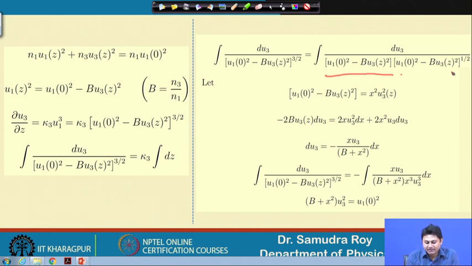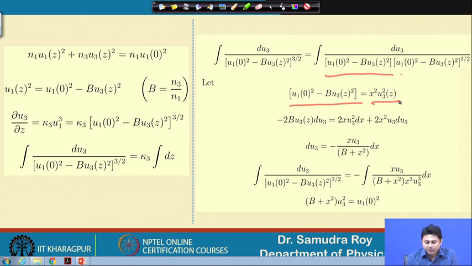Once we write this, I take this entire quantity, u1 0 square minus b u3 square, as x square u3 square, replacing these things with another variable x.